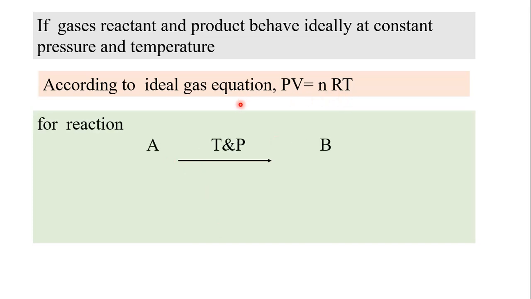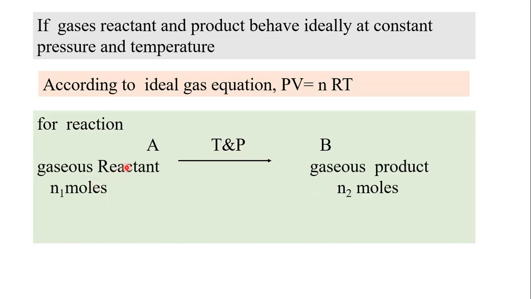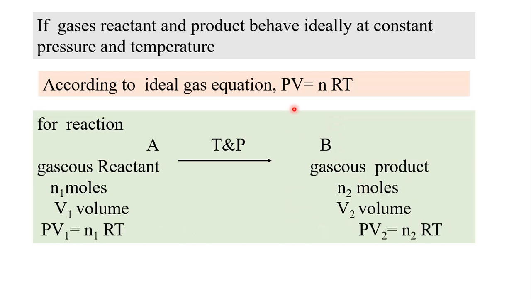For the reaction A converted into B at constant temperature and pressure, the number of moles of gaseous reactant is n1 and of gaseous product is n2. The ideal gas equation for the reactant is PV1 is equal to n1RT, whereas for the product it is PV2 is equal to n2RT.